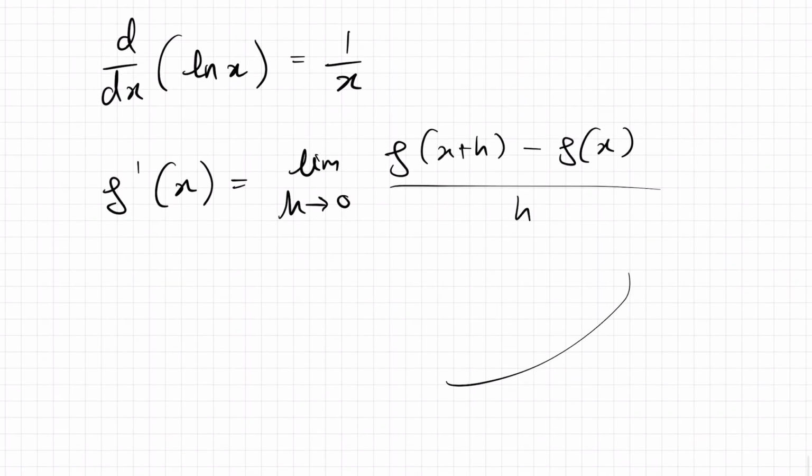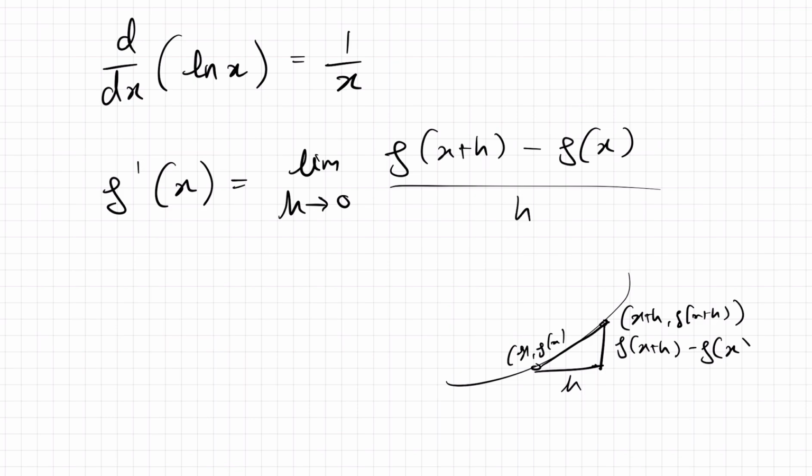And this basically just comes from the fact that if you take a gradient triangle with the points x, f of x, and x plus h, f of x plus h, then this width is going to be h, this height is going to be f of x plus h minus f of x.